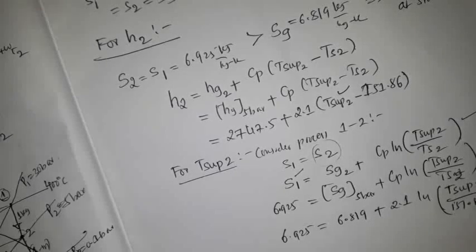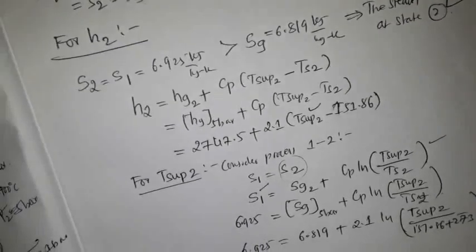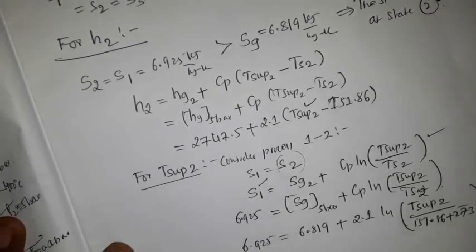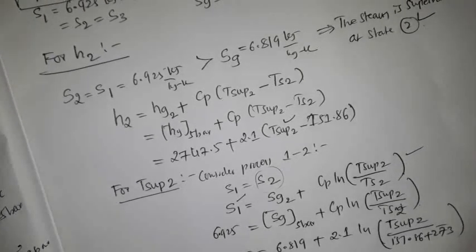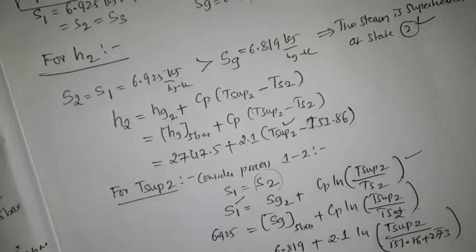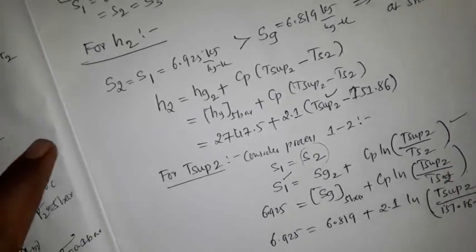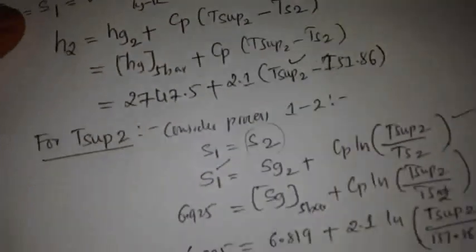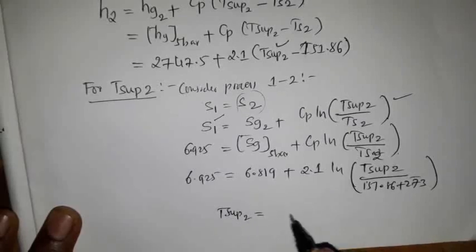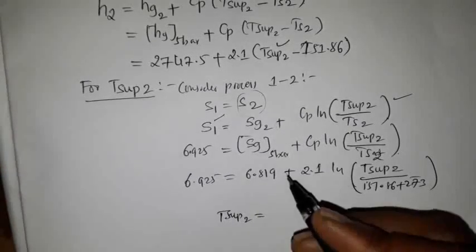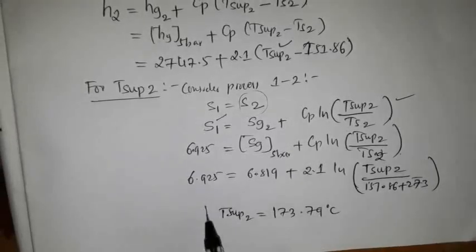Whenever we divide, we need to substitute the temperature in terms of Kelvin. So after operating the calculator, I will be able to calculate the T superheat temperature as 173.79 degrees Celsius.